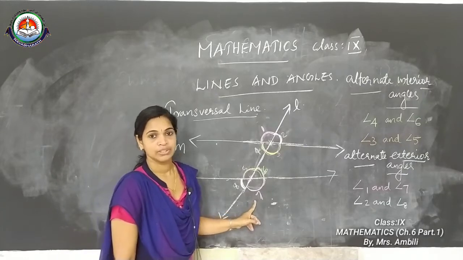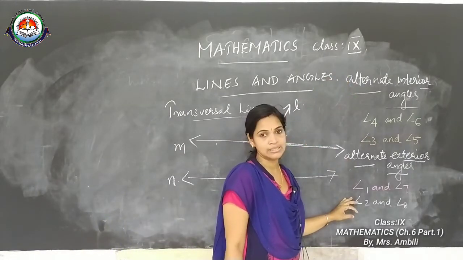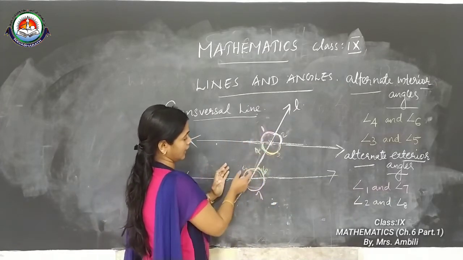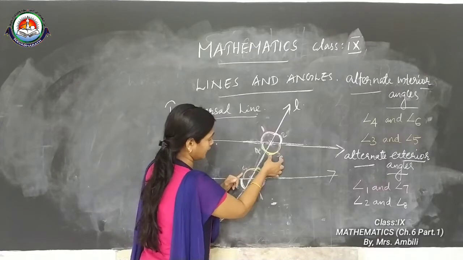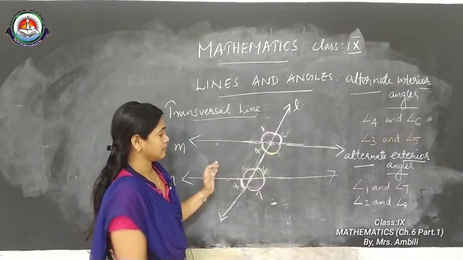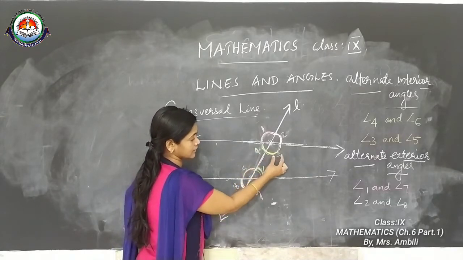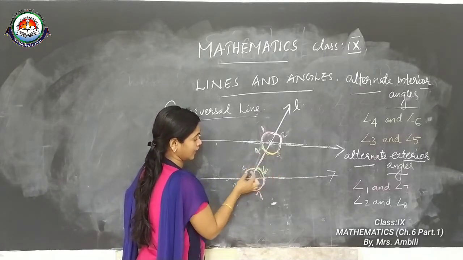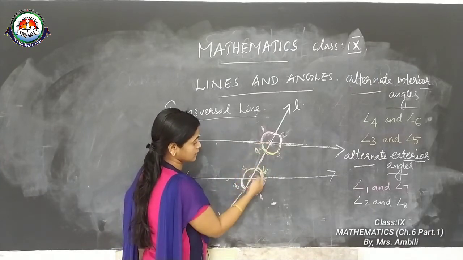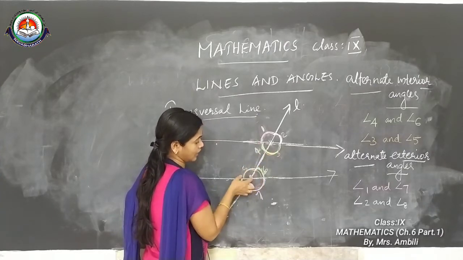Okay. Now you understand what are the alternate interior angles and alternate exterior angles? Alternate interior angles means inside, interior angles. Angle 3, angle 4, angle 6 and angle 5 are the interior angles. In that, alternate interior angles means angle 4 and angle 6 and angle 3 and angle 5.